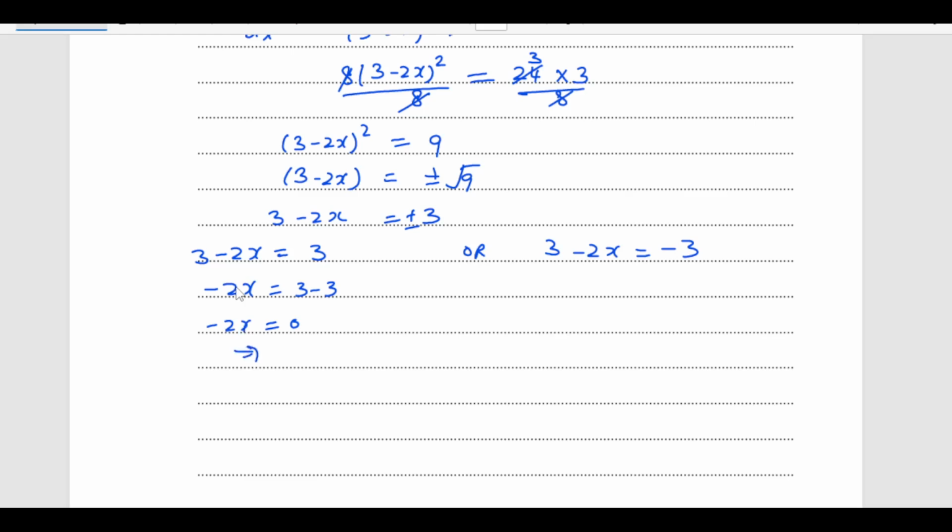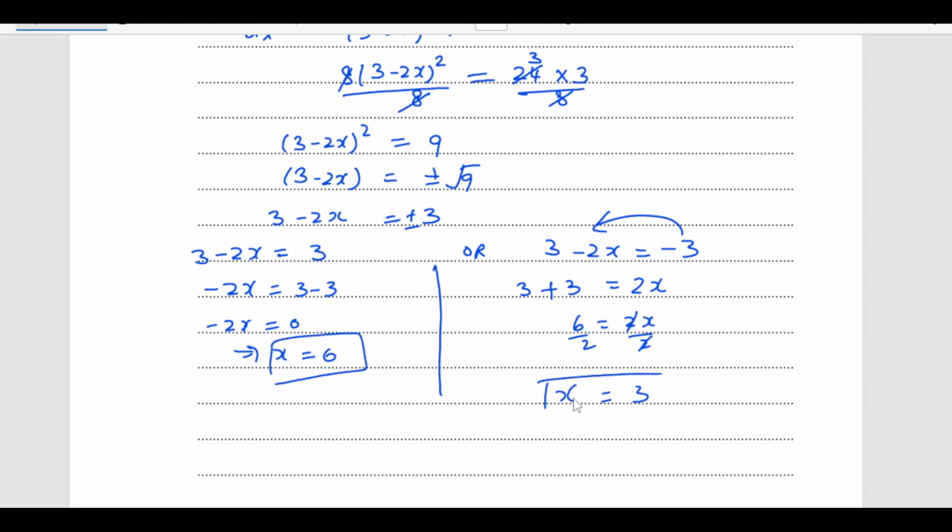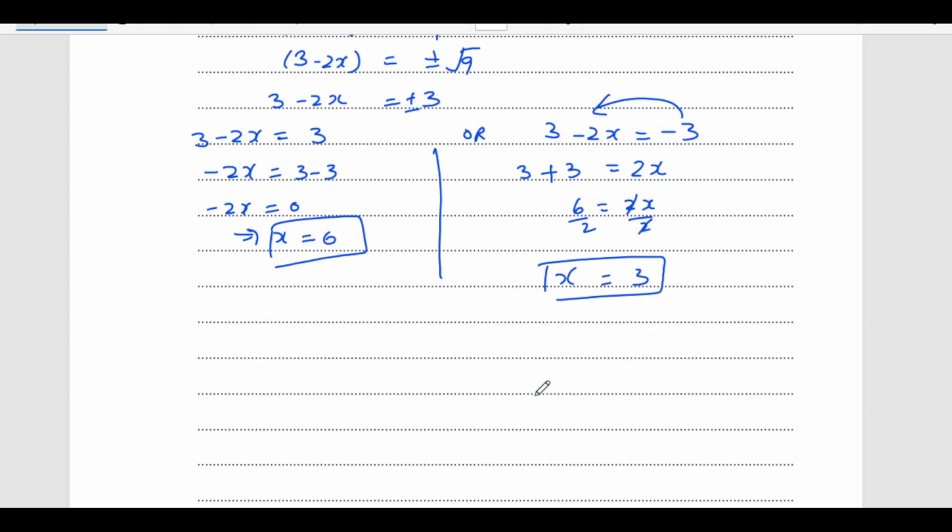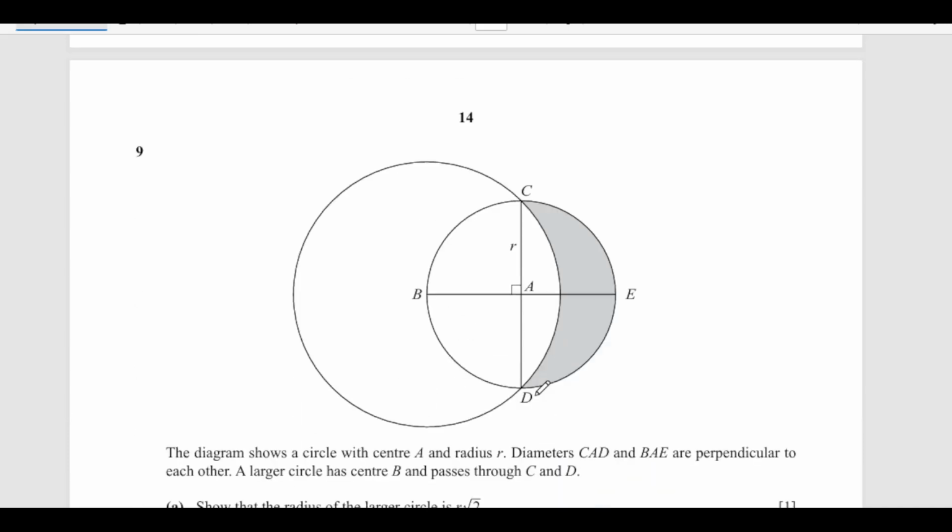So, it gives us x equals 0. The other one: 3 plus 3, I am bringing this 3 here, equals 2x. So, this is 6 equals 2x, divide by 2 both sides. So, x is 3. So, we have the x coordinates 0 and 3. So, these are the possible x coordinates that we are asked, right.